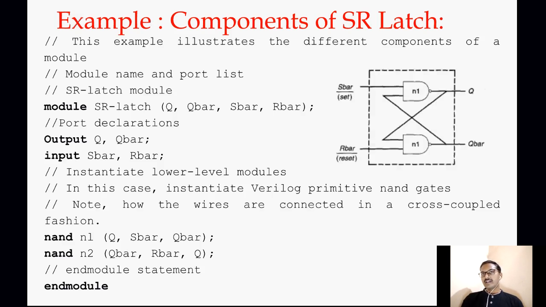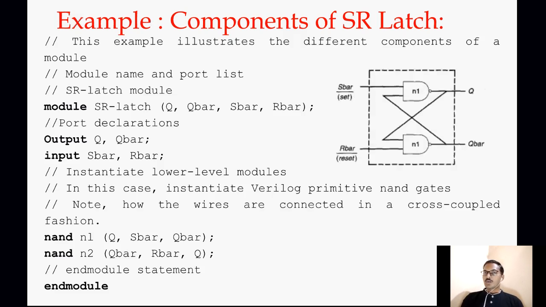Now, double slash instantiate the lower level modules. So this is a comment. In this case we instantiate the Verilog primitive NAND gates. Note how the wires are connected in a cross coupled fashion.